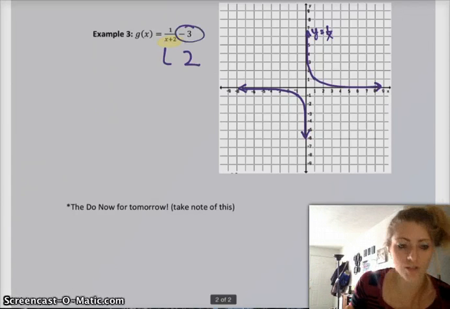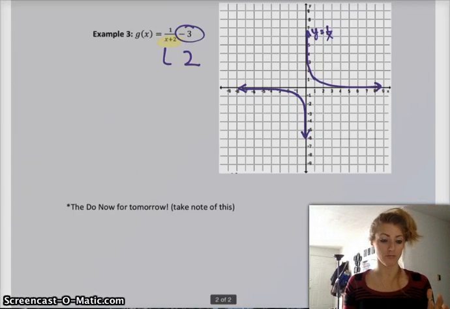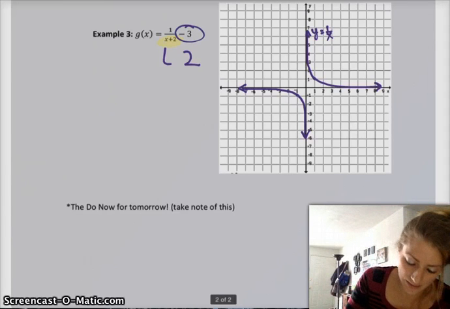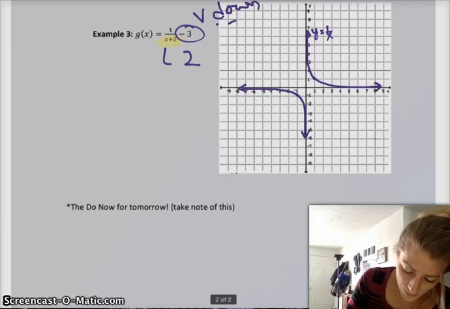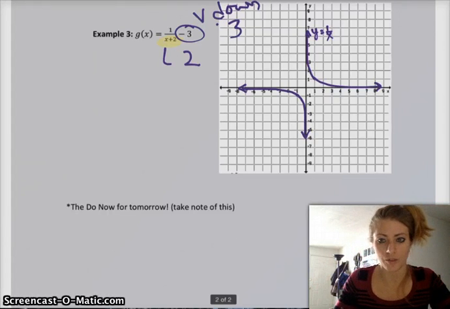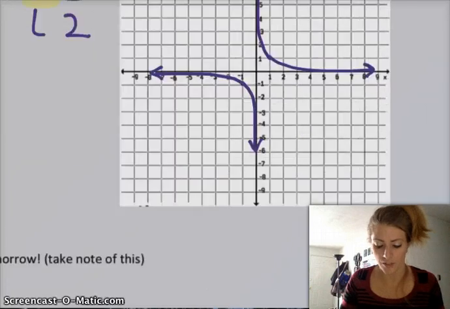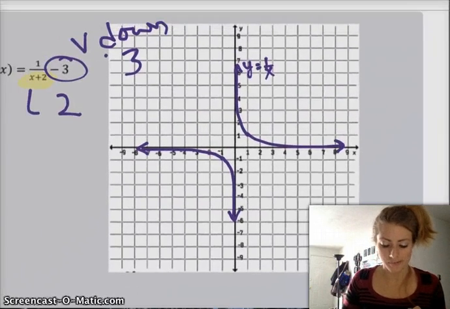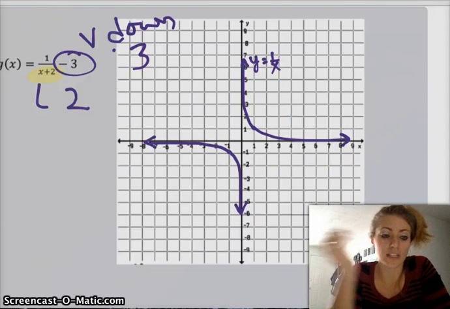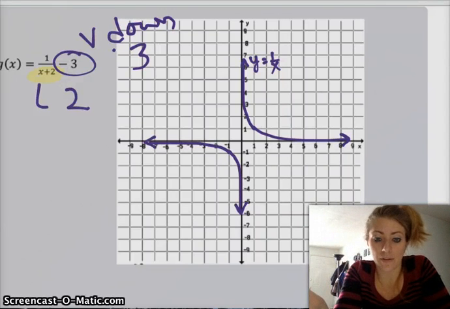And then that minus 3, that's outside the function, so that's affecting y. So that means that's a vertical shift, not up, down 3. So I'm taking my original function again, which is y equals 1 over x, which I've graphed on my sheet here, and I'm just going to move it left 2 and down 3.